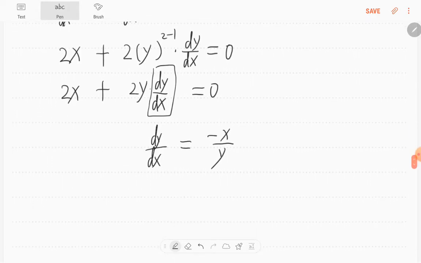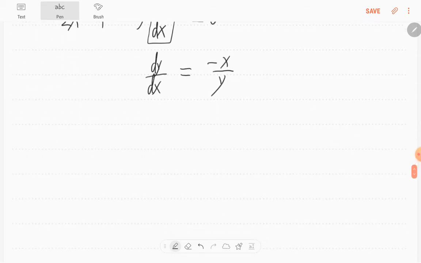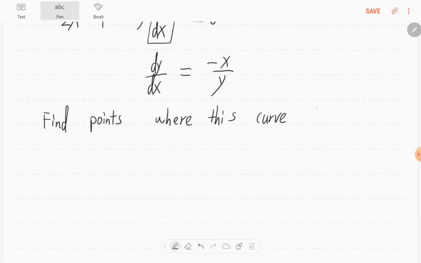The second part is we want to find, we still continue this example. We want to find the points where this curve has a horizontal tangent line.